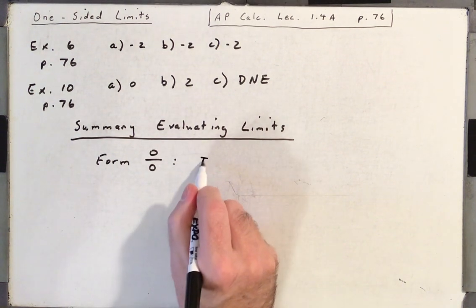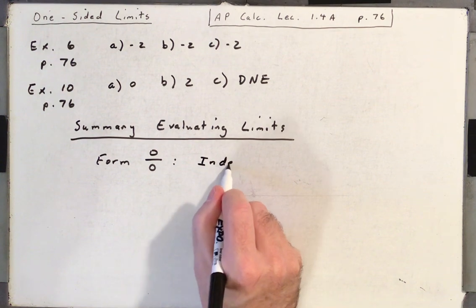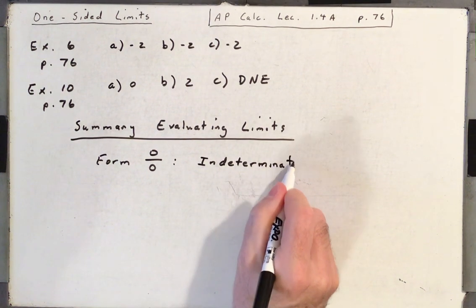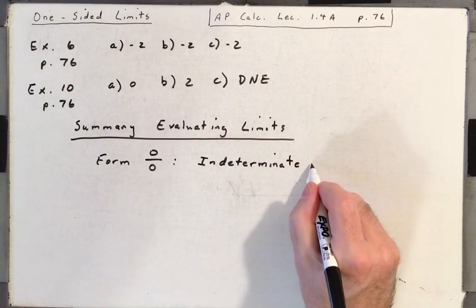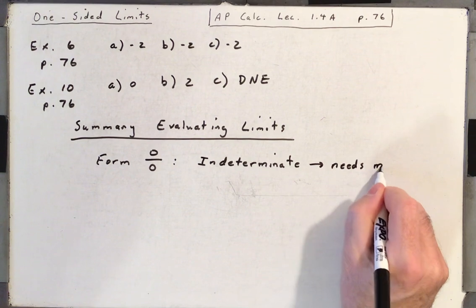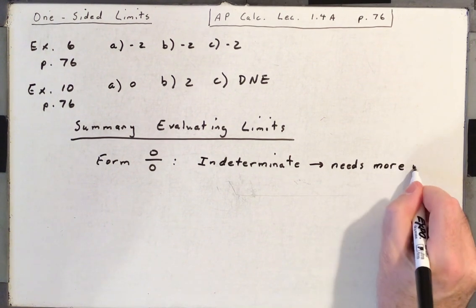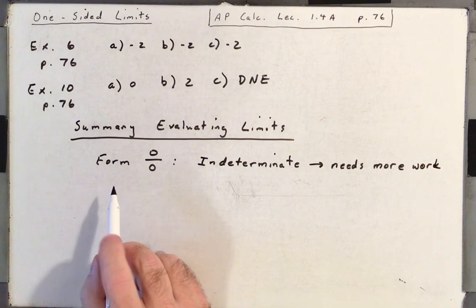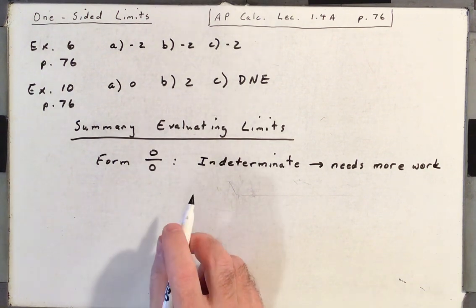That is indeterminate. We've done a lot of those, right? And that means it needs more work. So we're going to have to maybe put some algebra on it to figure it out.